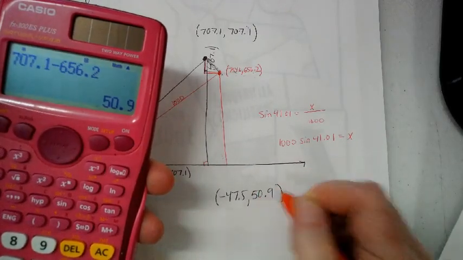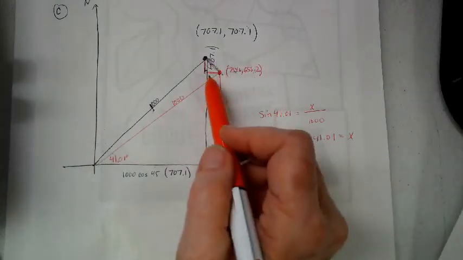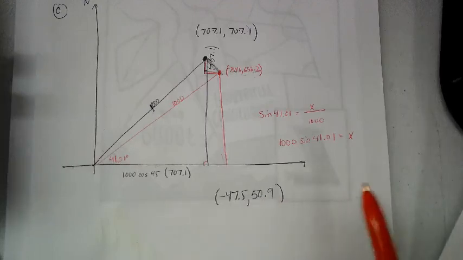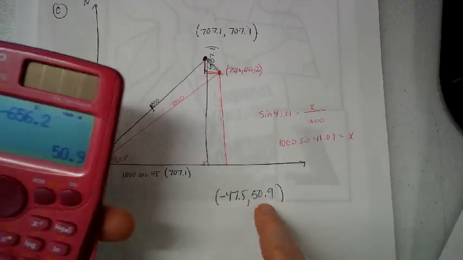And so I think that those are the sides of the triangle. So if I go a squared plus b squared equals c squared, I'm going to square this one first because it's already in my calculator.